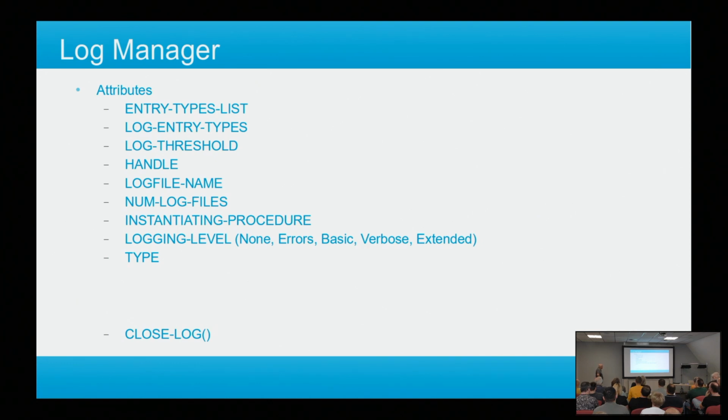You can also set the logging level, from non-errors to basic to verbose to extent, I think 0 to 4 numbers, and the type. And methods: you can clear the log, you can write a message, and you can close the log.